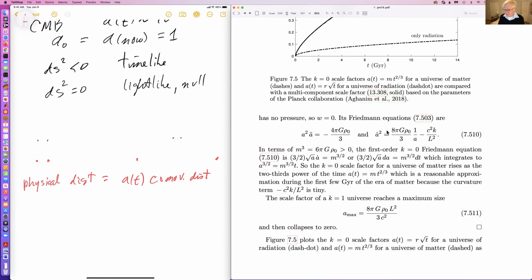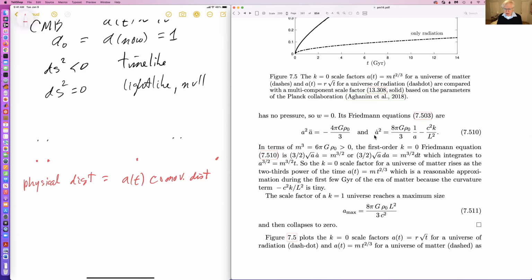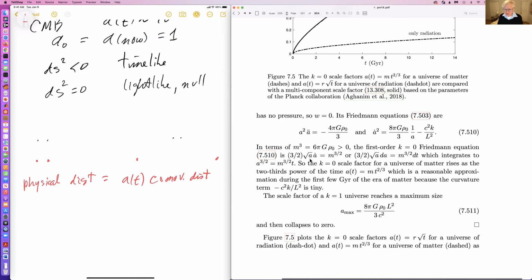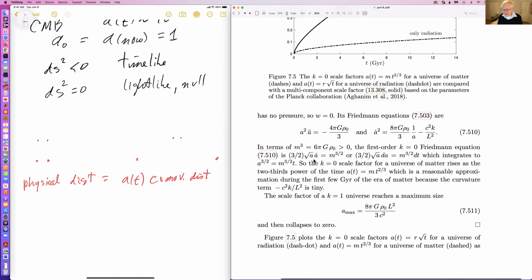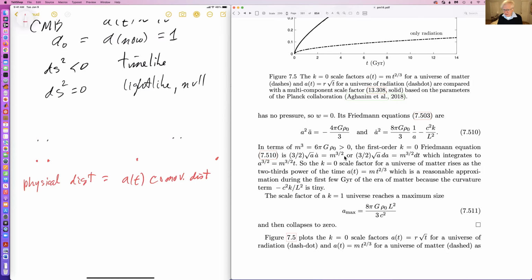The k equals 0 Friedmann equation gives us root a dot equals a constant. So that's square root of a da is dt. You integrate that to a to the 3/2 is t. And so you get that a goes as t to the 2/3.